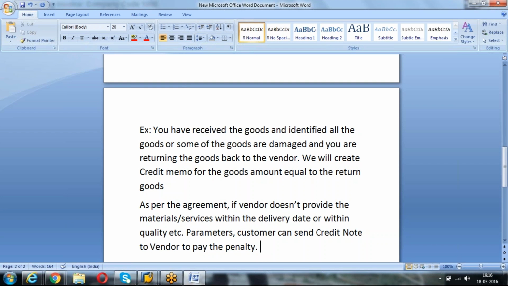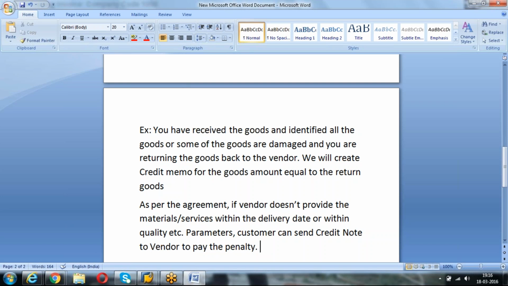One live example I will give you. For example, you bought an item in Big Bazaar which is equal to 1000 rupees. After you go home, you identify that the respective t-shirt is not suitable for you. At that time, what you do, you come to Big Bazaar again and you tell the shopkeeper, I want to return this product. You would have faced this.